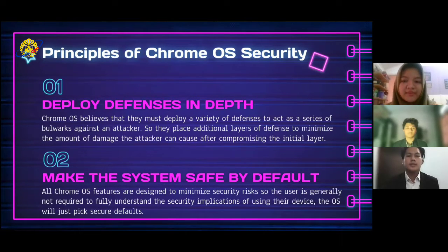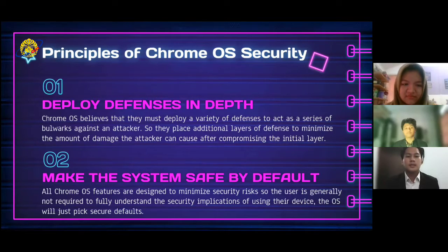Next is principles of Chrome OS security. First is deploy defense in depth. Chrome OS believes that they must deploy a variety of defenses that act as a series of bulwarks against an attacker. So they place additional layers of defense to minimize the amount of damage the attacker can cause after compromising the initial layer.